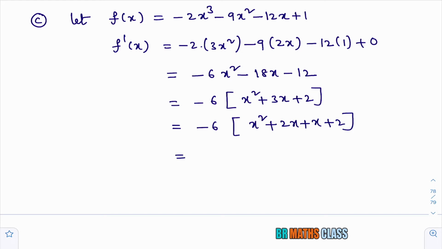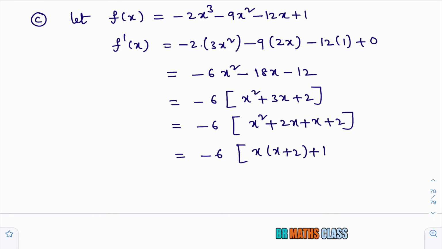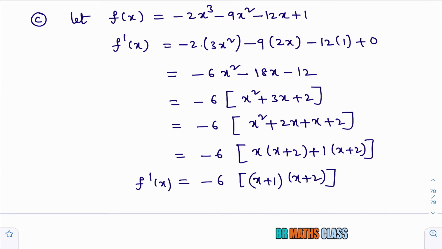That equal to minus 6 into, in these first two terms you take x common, then what you will get? x into x plus 2, plus, in these two terms you take 1 common, then what you will get? 1 into x plus 2. So what you will get here, this is minus 6 into x plus 1 into x plus 2. So finally we got f dash of x.